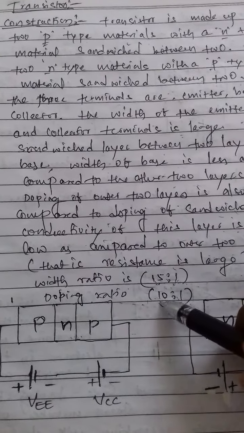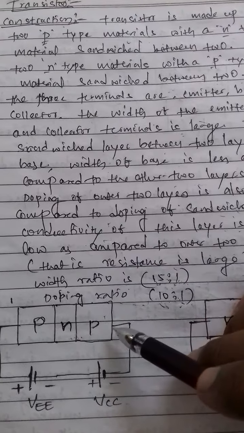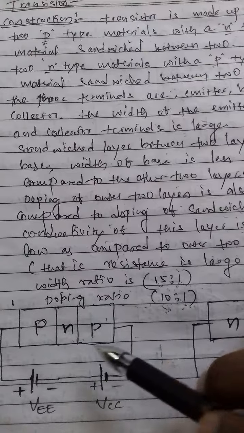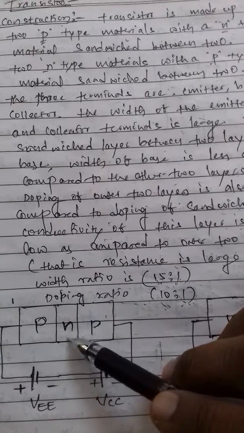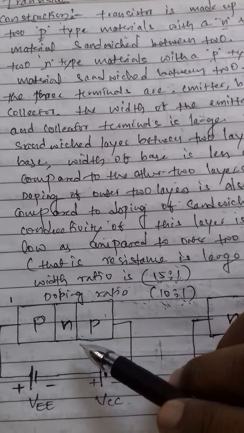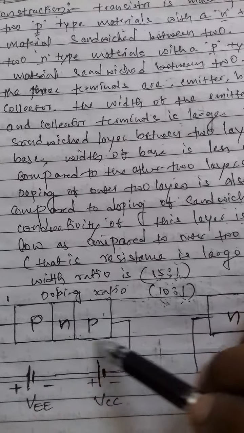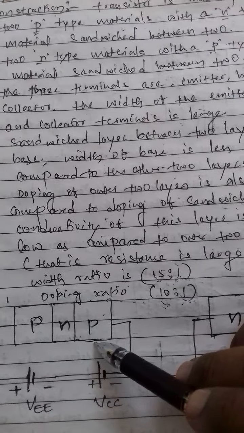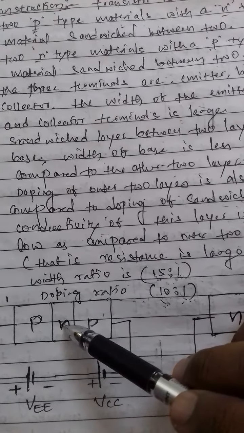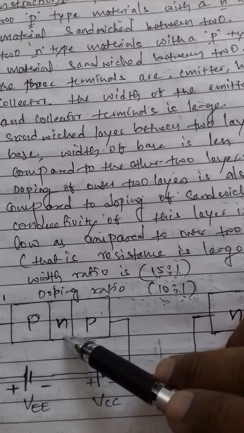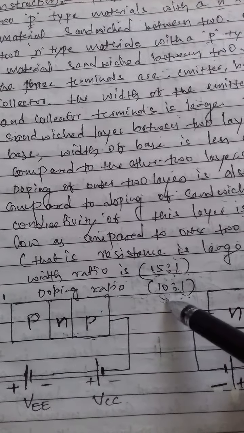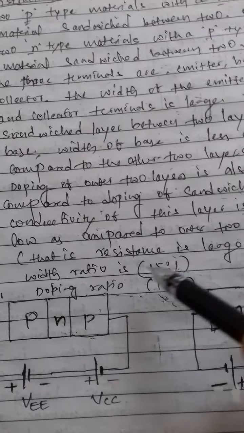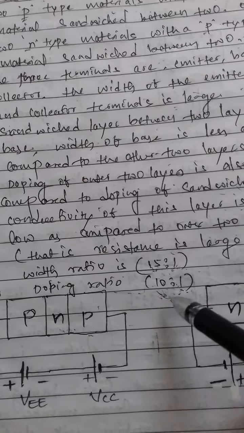The doping of the emitter and the collector terminals is 10 times more as compared to the doping of the base. That is, the amount of impurity added to the emitter and collector is 10 times more as compared to the amount of impurity added to the base of the transistor. These are the ratios of the width and the doping of the terminals.